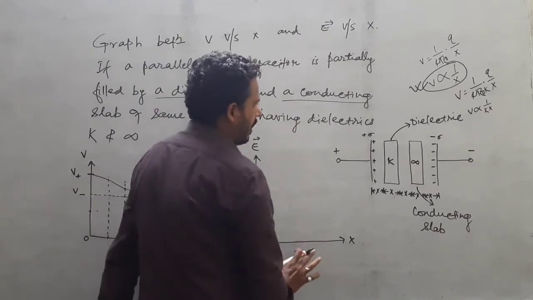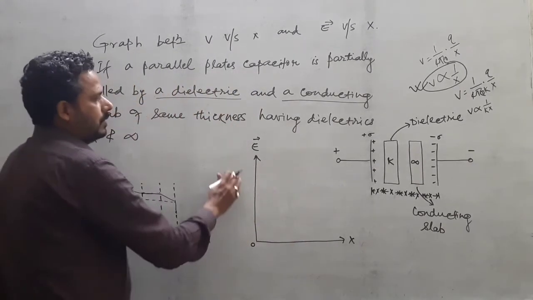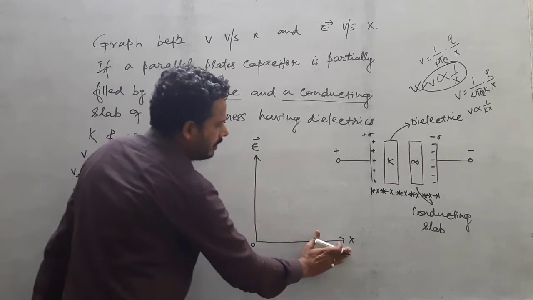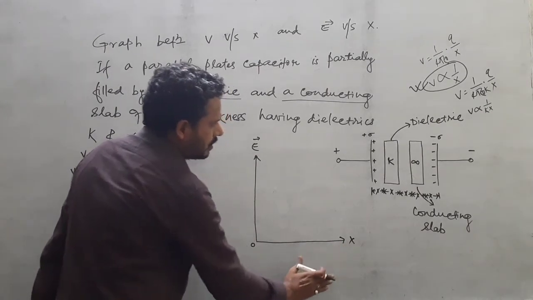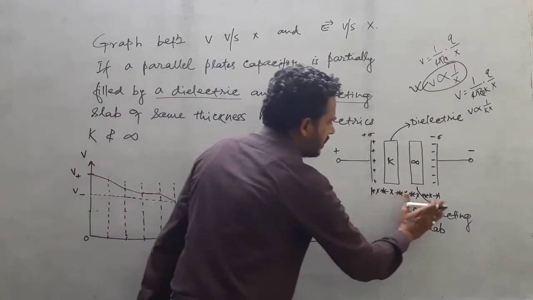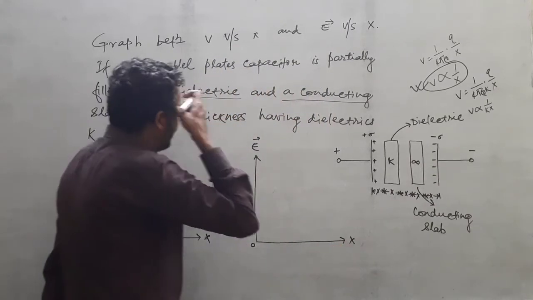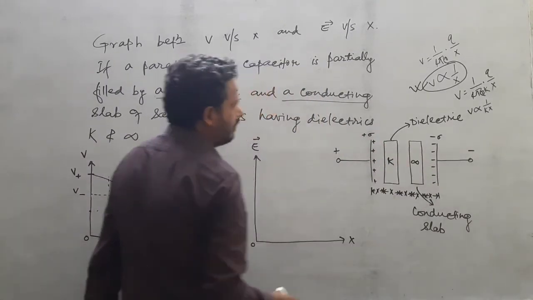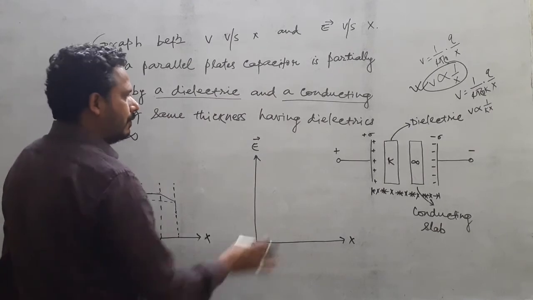And now I just want to plot the electric field versus separation. So the separation is the same, x. The same dielectric and conducting slab are there.